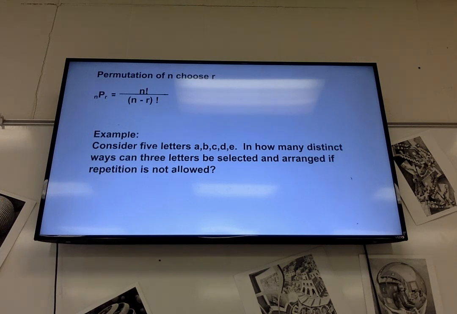So permutation, we have 5 letters that we're choosing from. So the bigger number goes on the left. And how many we're picking in choose R, we're picking 3 letters, so the 3 goes here.